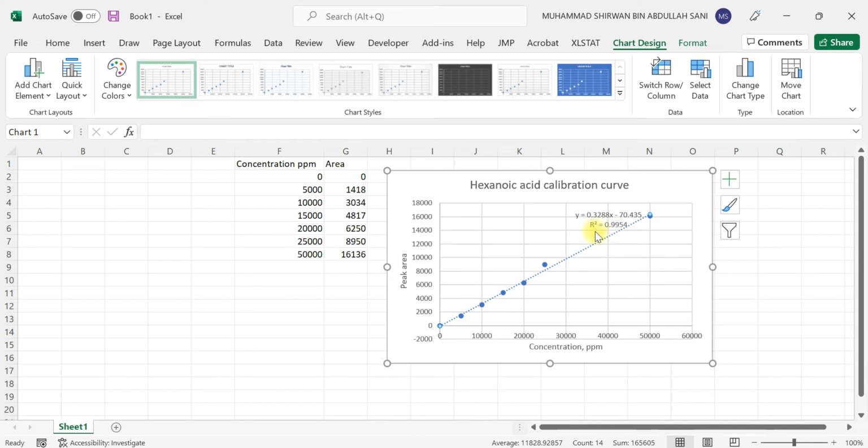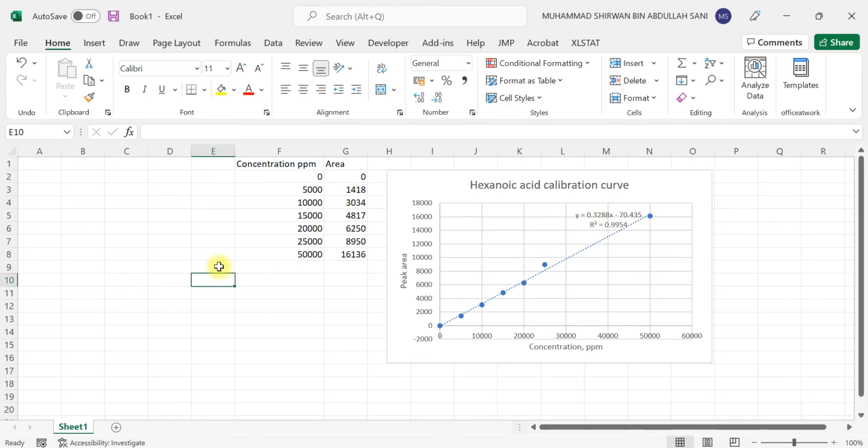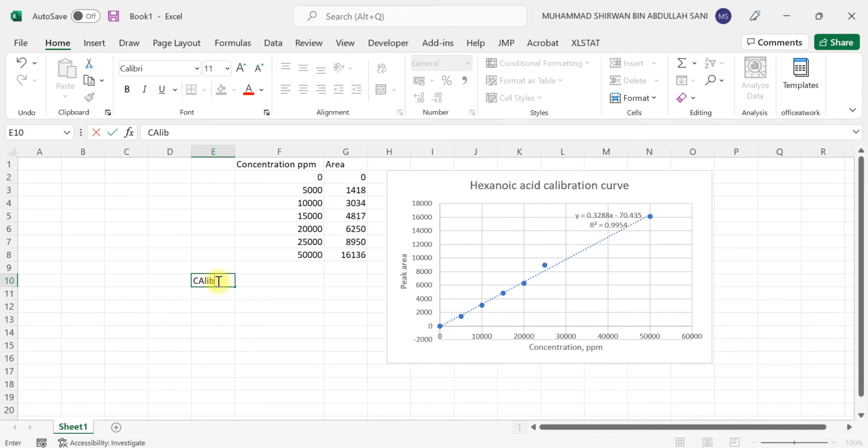You can see the r squared that we have is 0.9954. This is what we call the equation of the calibration, or the linearity equation. So in this case, we have established a calibration curve here. For example, I would like to put here: calibration curve equation.